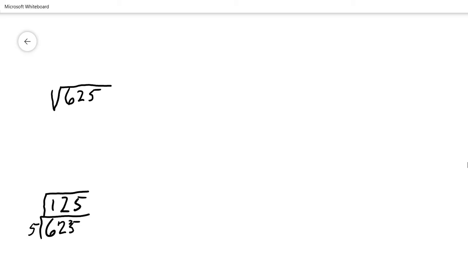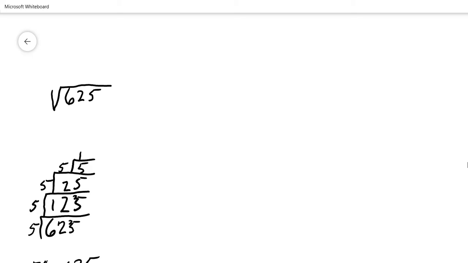We're going to go ahead and hit it with a 5 again. 5 goes into 25 5 times. And 5 goes into 5 once. Okay. So basically what we just found out is that 5 to the 4th power equals 625.